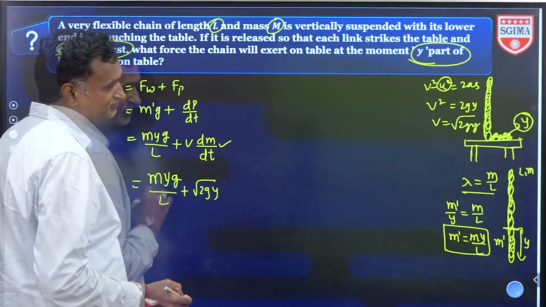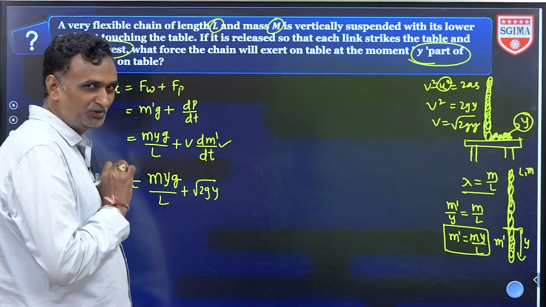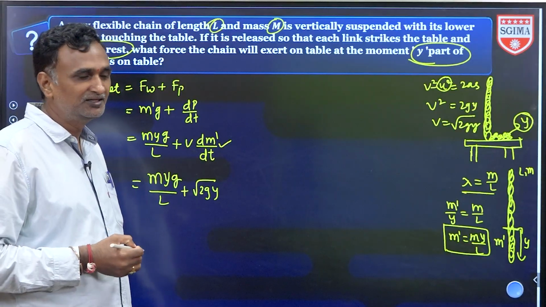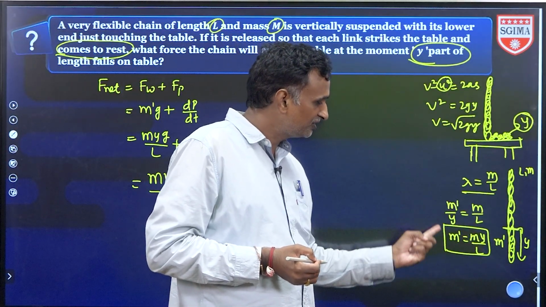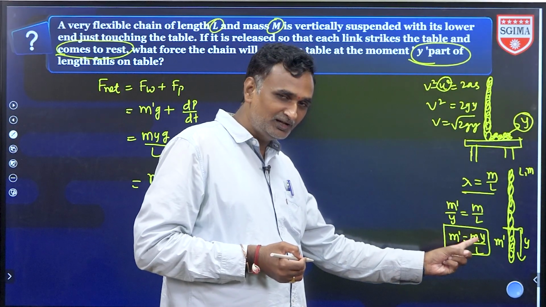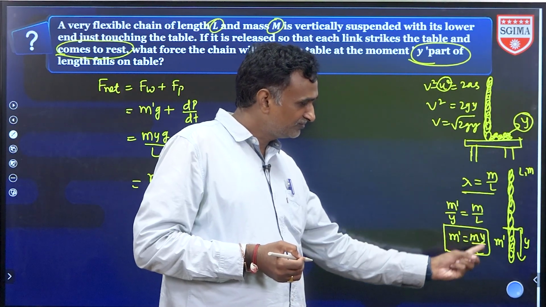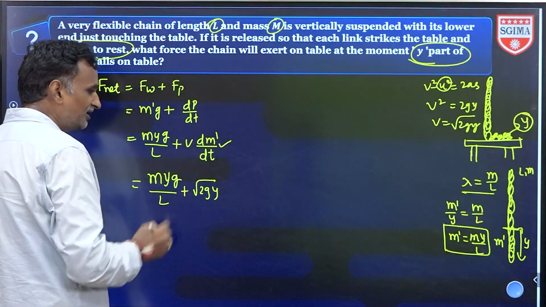Mass is only the y part falling, not the total mass. Lambda equals m prime by y, equal to m by L, so m prime equals m y by L. This mass we can substitute here.